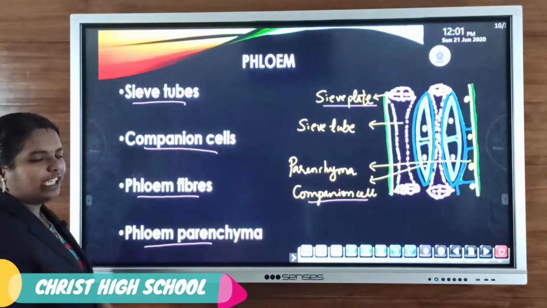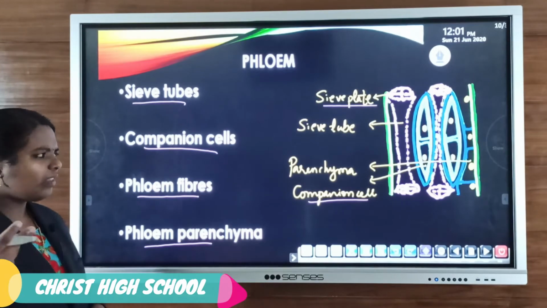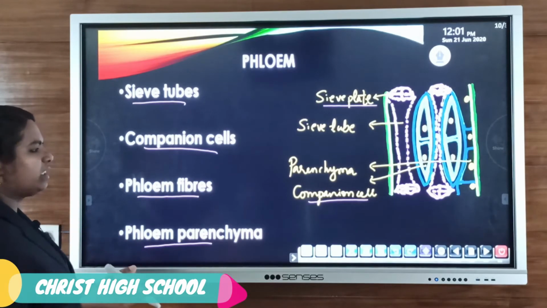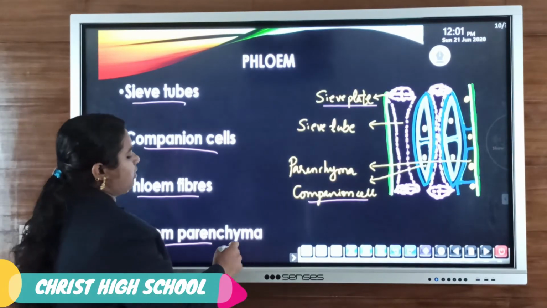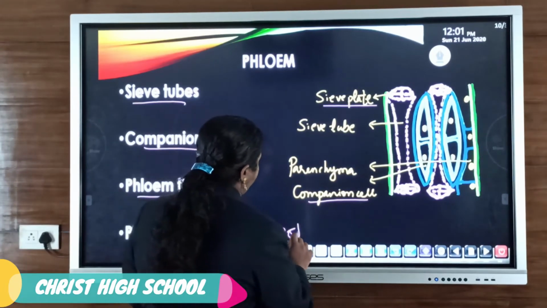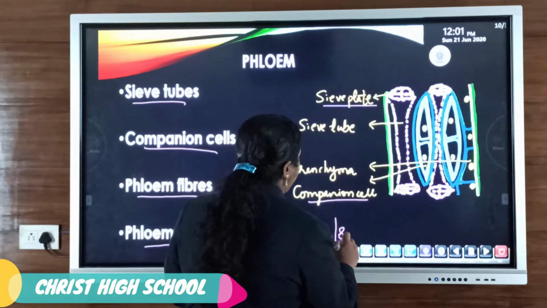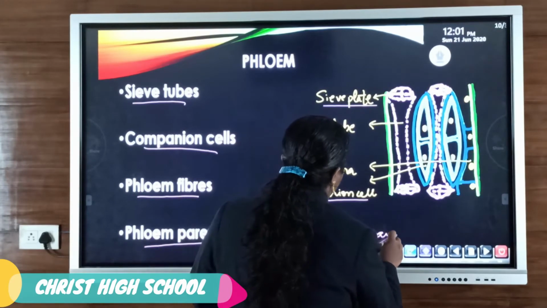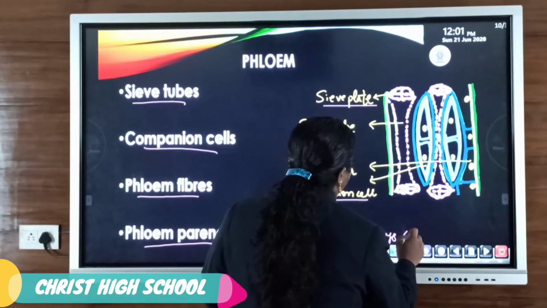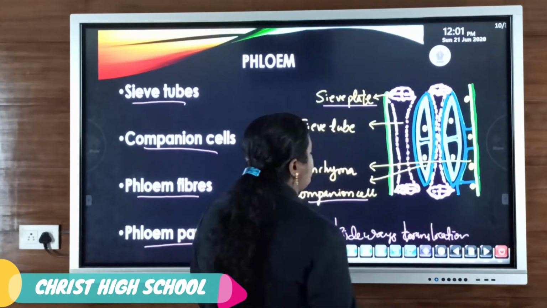Same as xylem fibers, they also mainly provide mechanical support. Then phloem parenchyma, its main function is the storage of food as well as sideways conduction, sideways transportation of food.